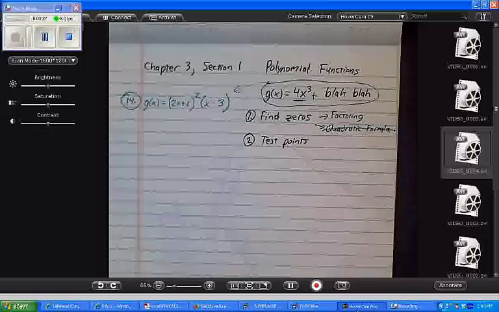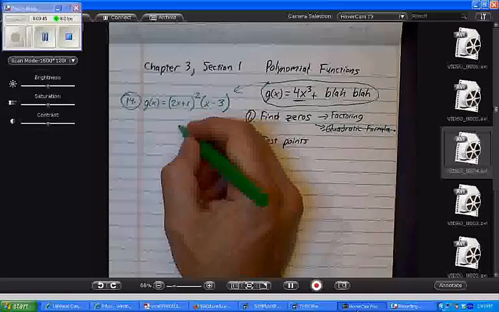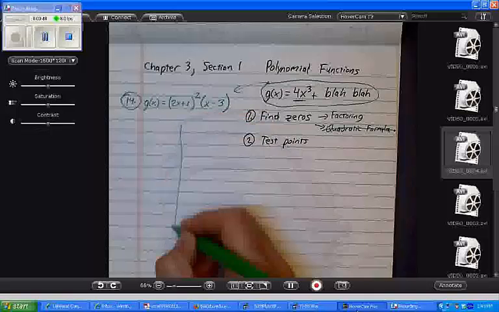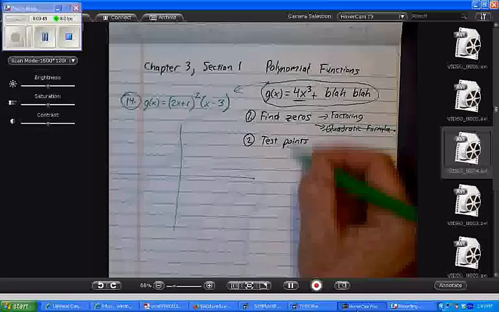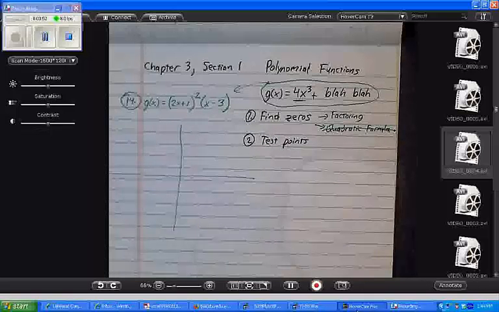But what we're going to do is draw a little sketch of what the function looks like. And I'm not talking about the graphing calculator now either. I'm saying that I can use this procedure. So right away, can you tell me what the zeros are? Well, since it's factored, I can.